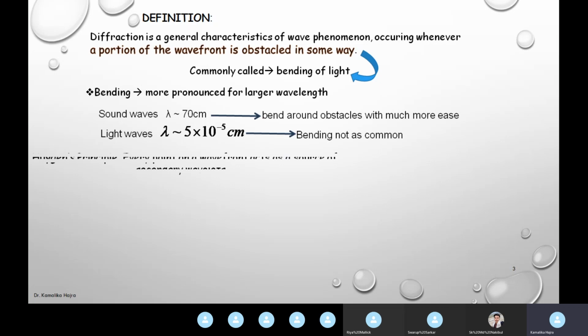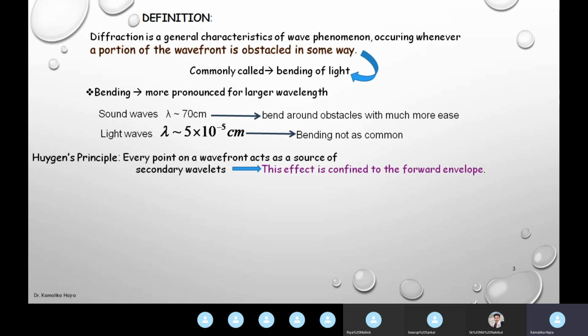All right. Now, we know Huygens principle. What does Huygens principle say? It says that every point on a wavefront acts as a source of secondary wavelets, right? We have discussed this in detail while doing interference. But this effect, according to Huygens, is only confined to the forward envelope.